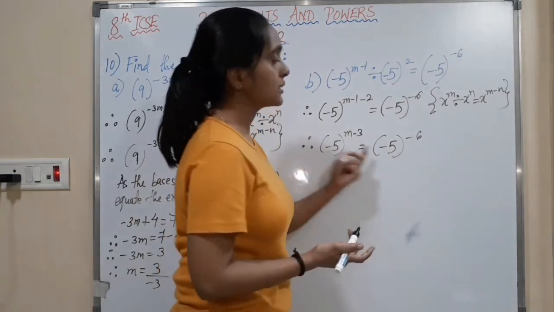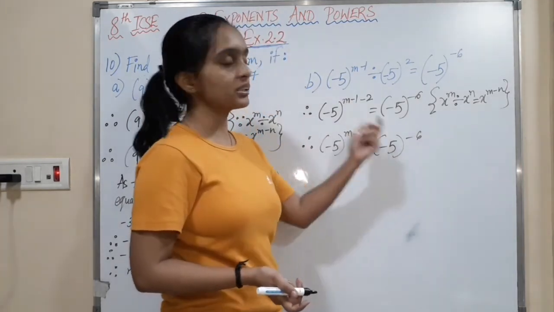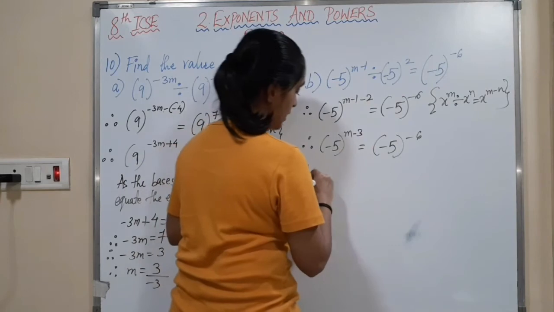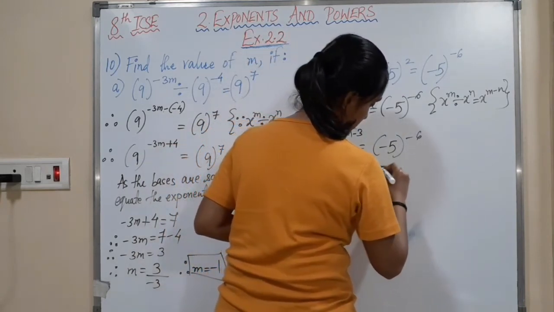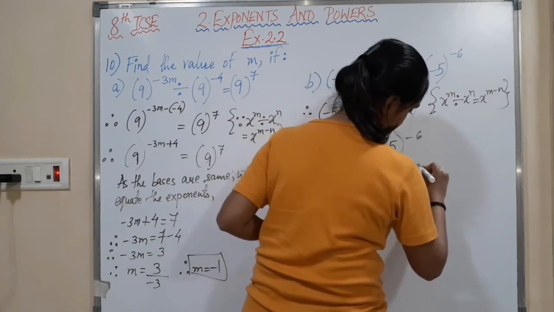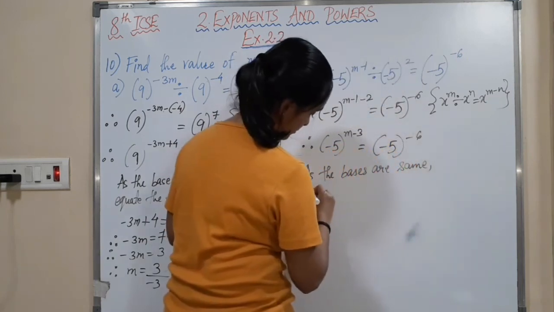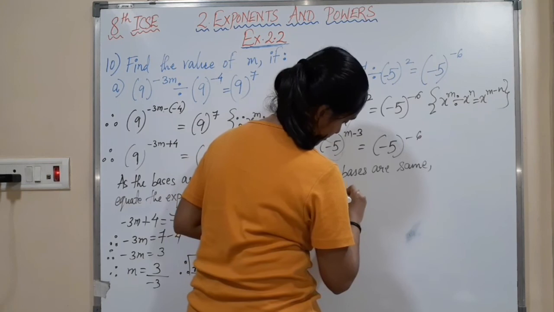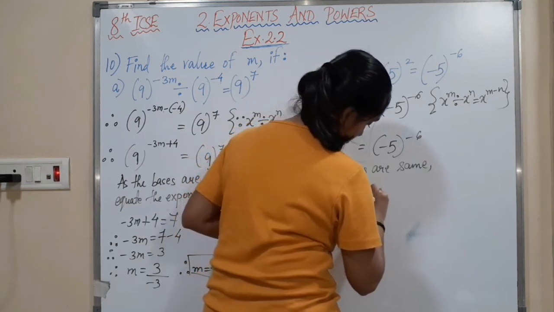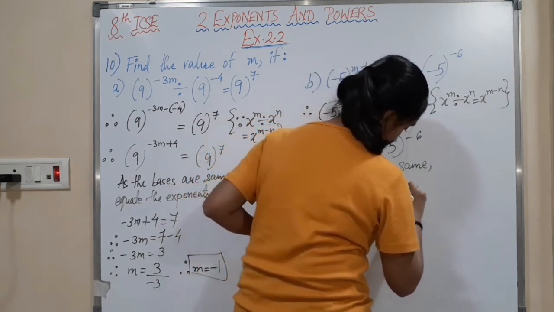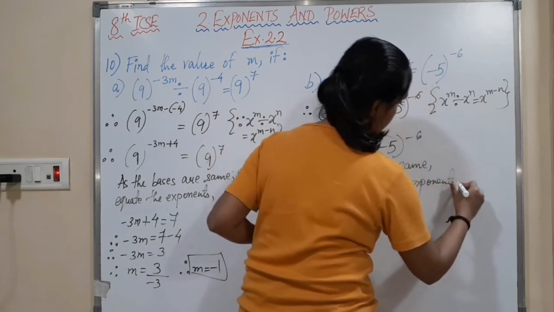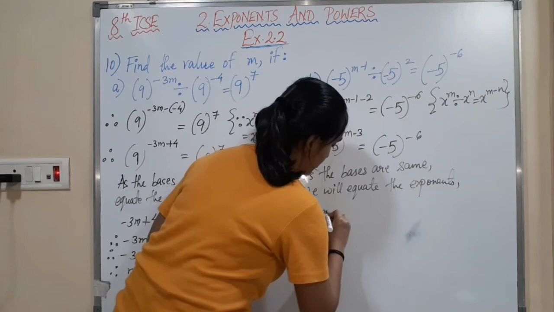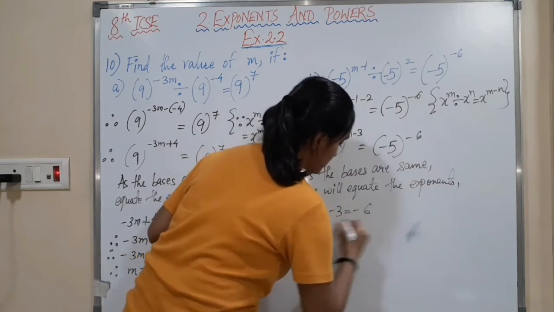So now, as again the bases are the same, we will equate the exponents as m minus 3 equals minus 6.